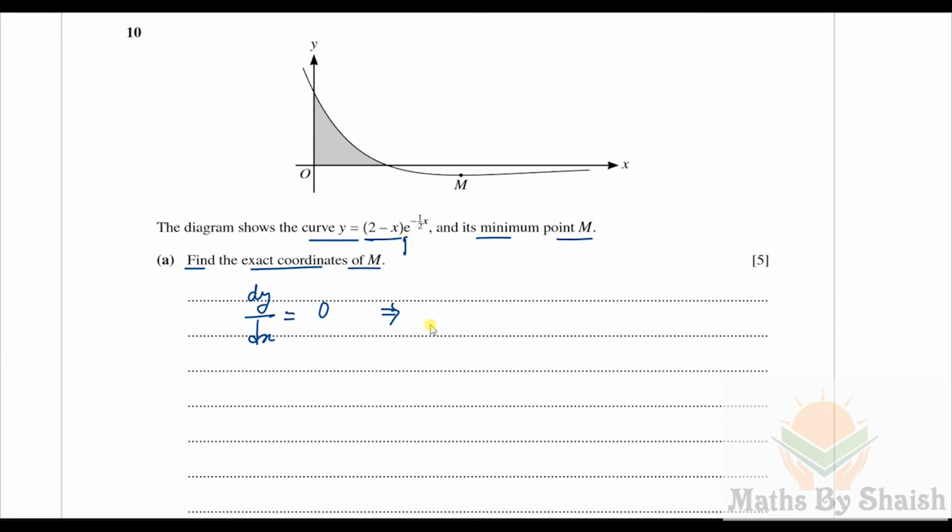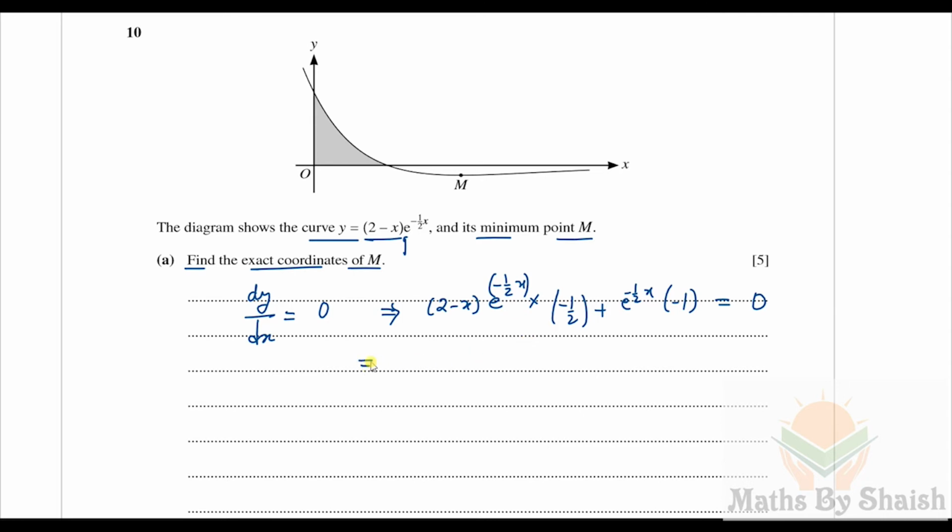So we'll use the product rule, which is first function as it is, times the differentiation of the second function, that is e raised to the power minus 1 by 2x into the differentiation of this, because it's a chain rule, so it is going to be minus 1 by 2 here, plus the second function as it is, and the differentiation of the first function 2 minus x is going to be minus 1 only, because 2 is constant, and this should be 0.